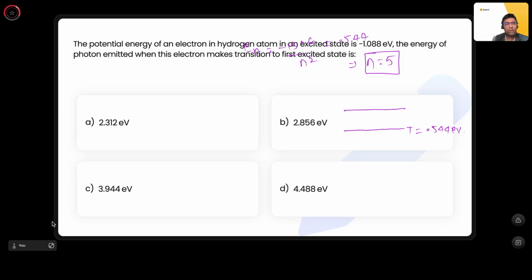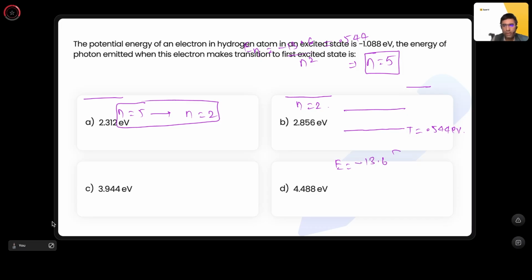Now, the energy of the photon emitted when the electron makes a transition to the first excited state. So n is equal to 2. So we have to take it from n equals 5 to n equals 2. We need the energy of the photon in that case. This will become minus 13.6 into 1 upon 2 square minus 1 upon 5 square.